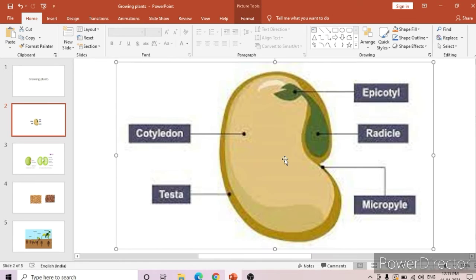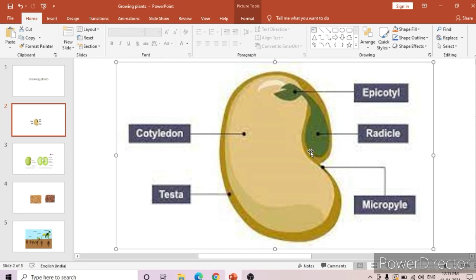Before knowing that, definitely the answer is seeds. To grow new plants, we need some healthy seeds. When you see the seed structure, you can identify a coat-like structure outside the seed, which is called the seed coat.